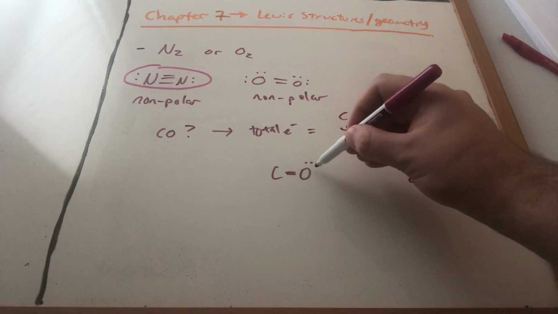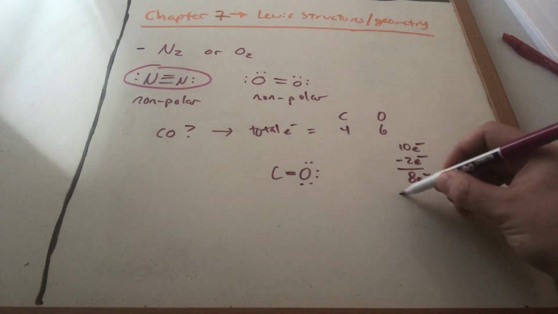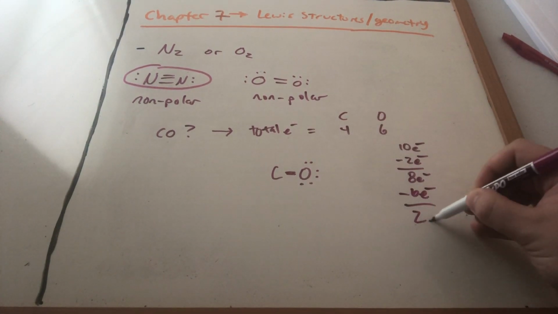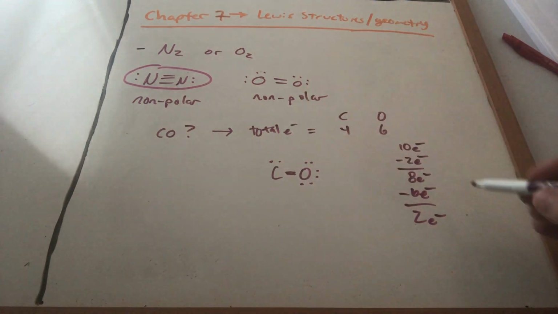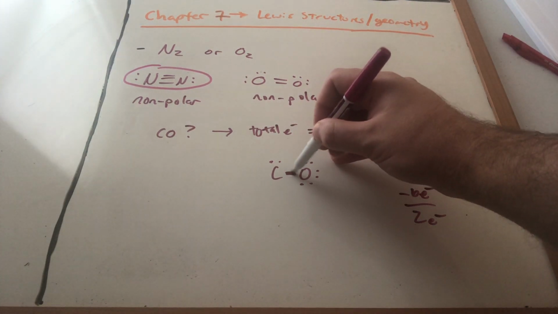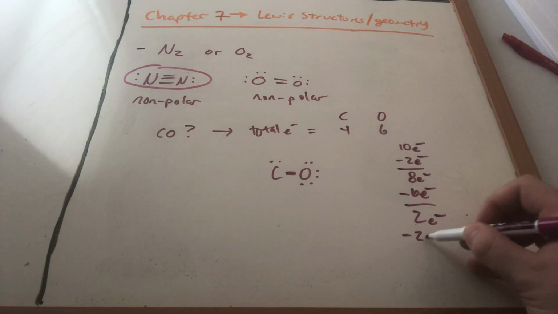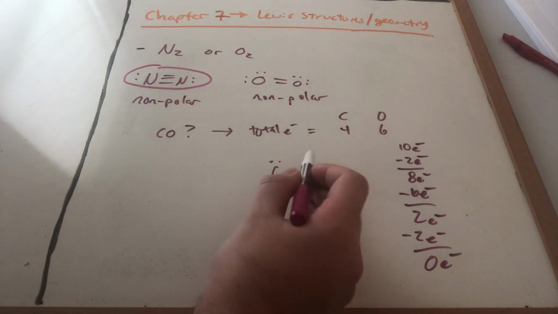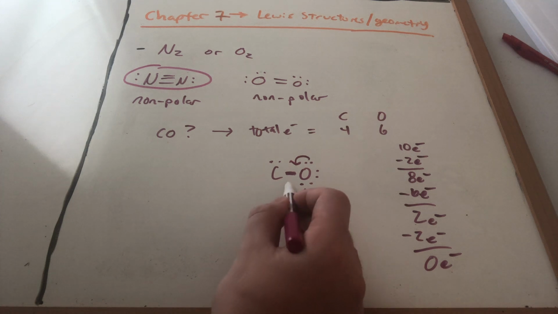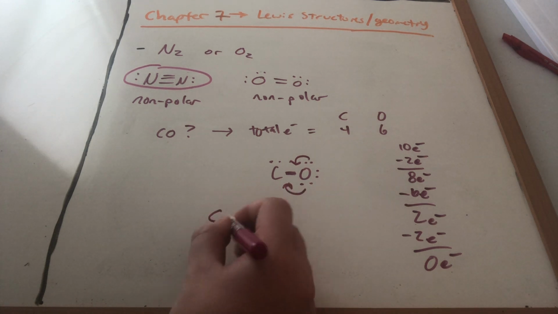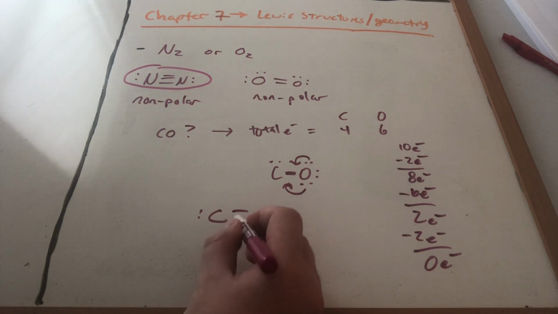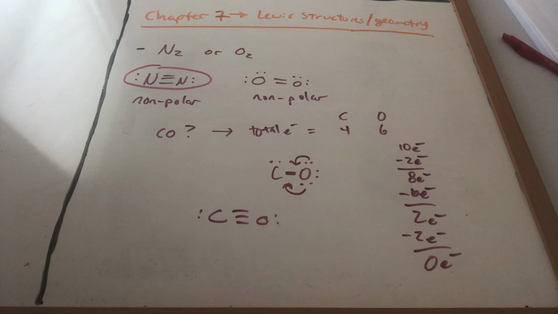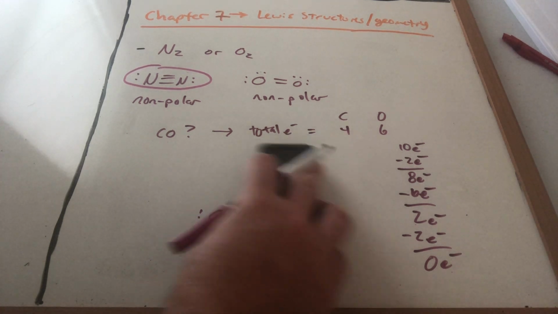Where'd they go? 1, 2, 3, 4, 5, 6 on that outside atom that I picked as the oxygen. Where do these last 2 go? They go here. This is a single bond right now, okay? So now we're out of electrons, so we're going to need to bring in some more sharing to satisfy everything. So it looks like carbon triple bond to oxygen is CO.